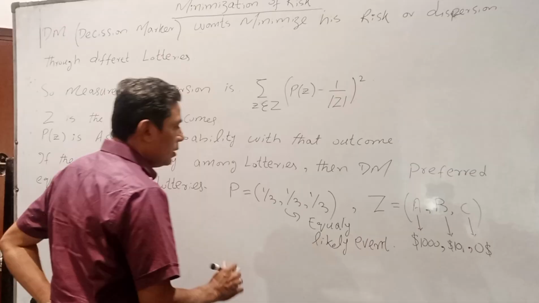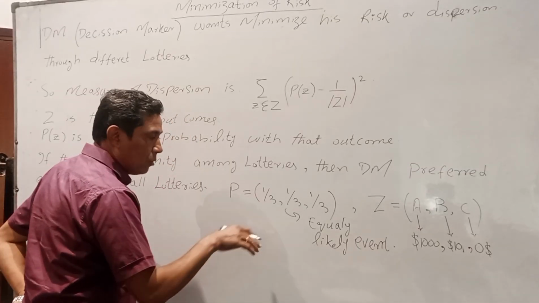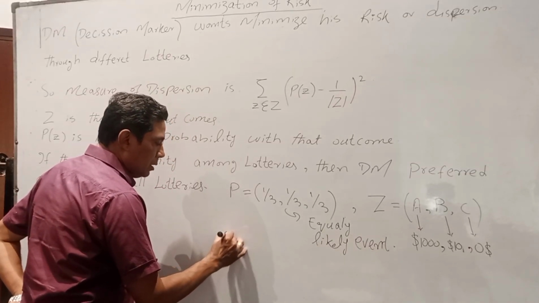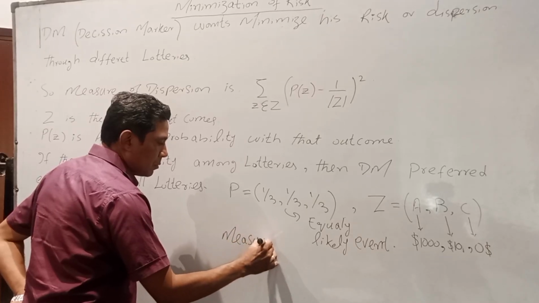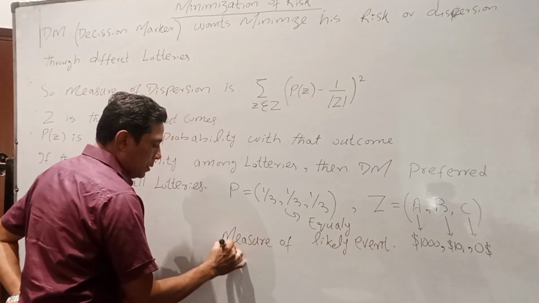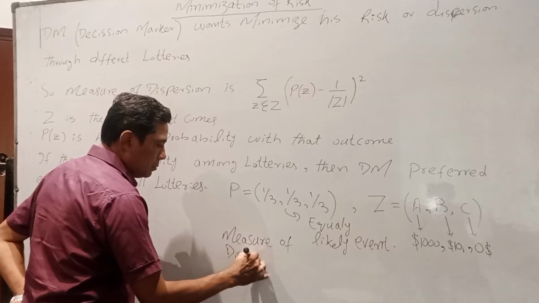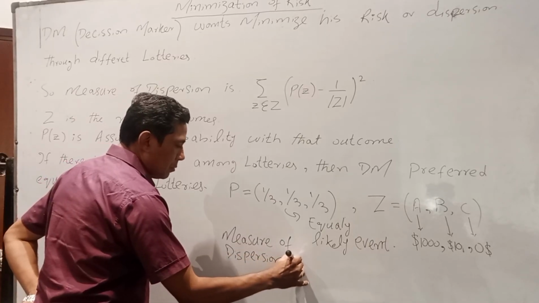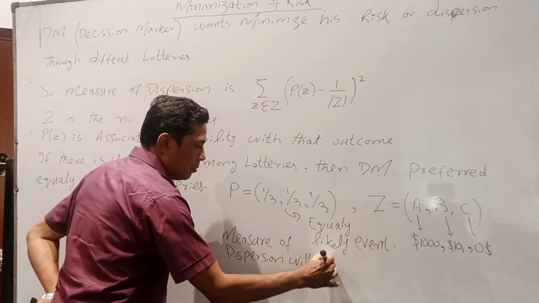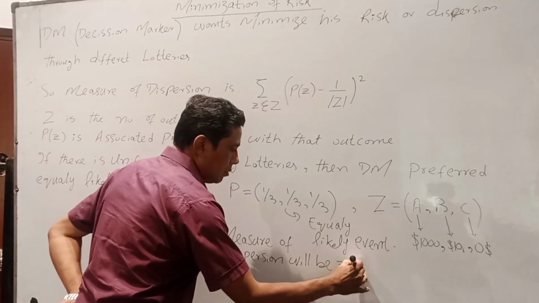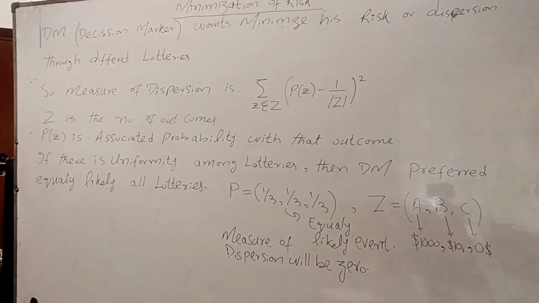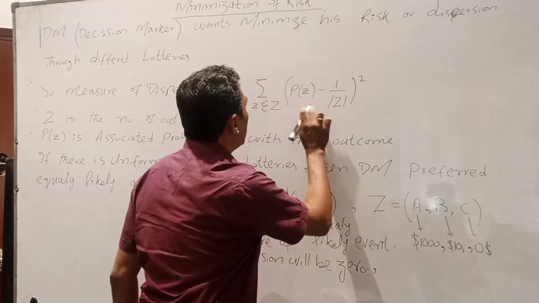The measure of dispersion we will calculate later. Measure of dispersion will be zero in case of equally likely events. That means that value should be zero.